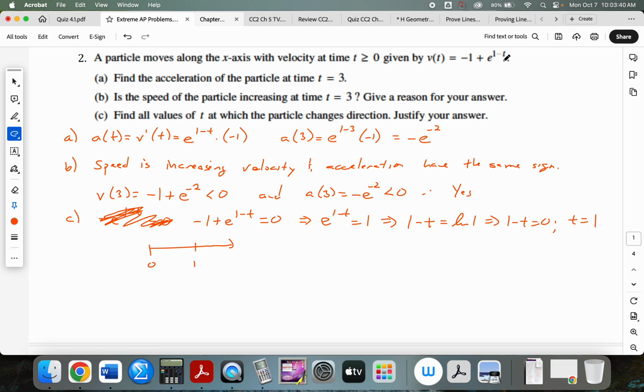if we substitute in a very large number, this is going to be like e to the negative 4 billion, right? This is going to be a really small positive number, plus negative 1, the velocity is clearly negative.